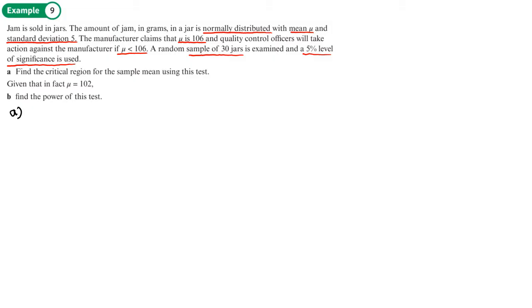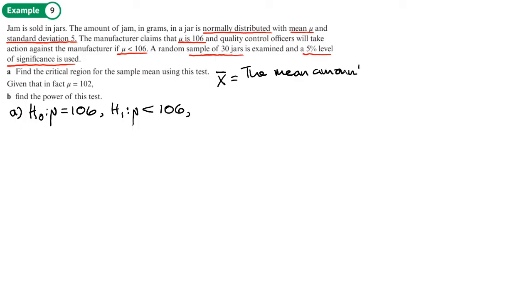Okay, so we start with H0 and H1. So H0 is going to be that the mean is 106. H1 is going to be that the mean is less than 106. Let's define our random variable, which is the mean amount of jam in 30 jars.